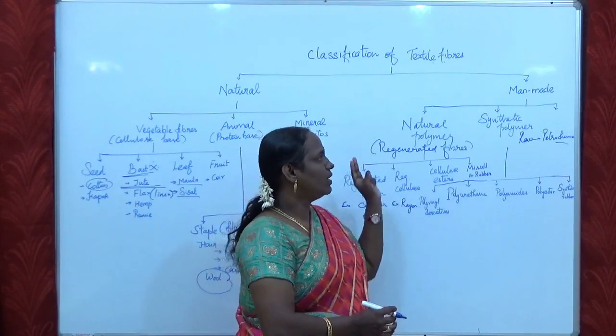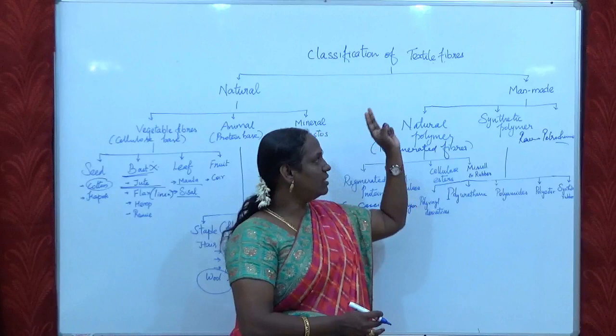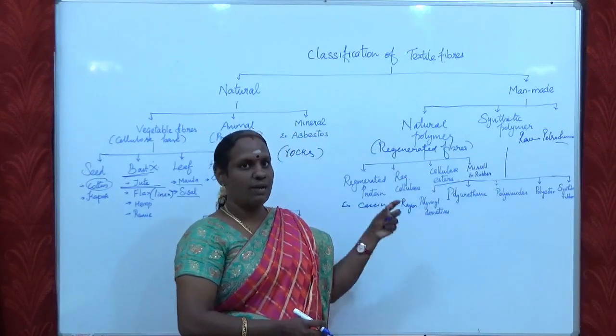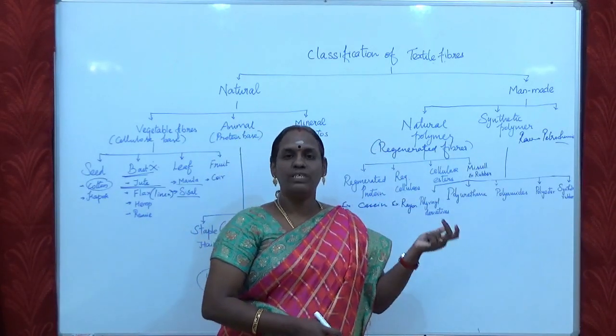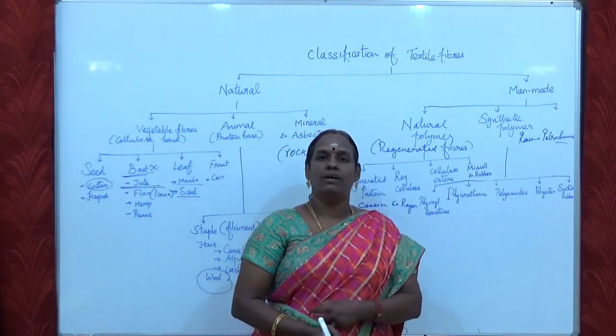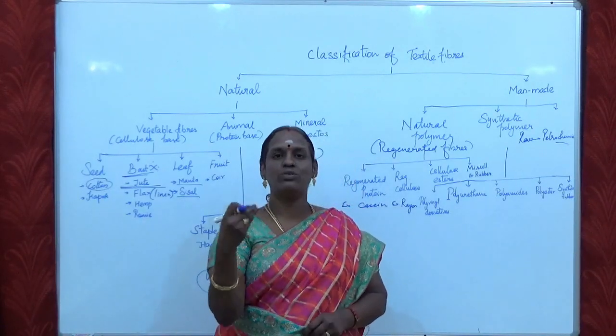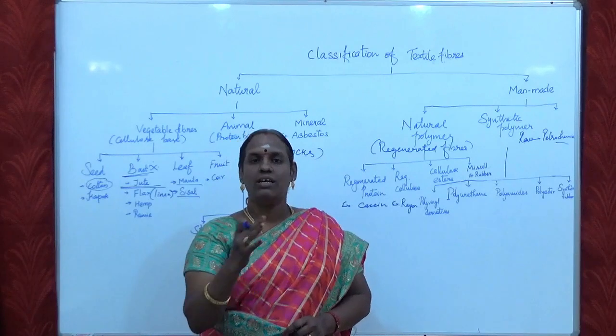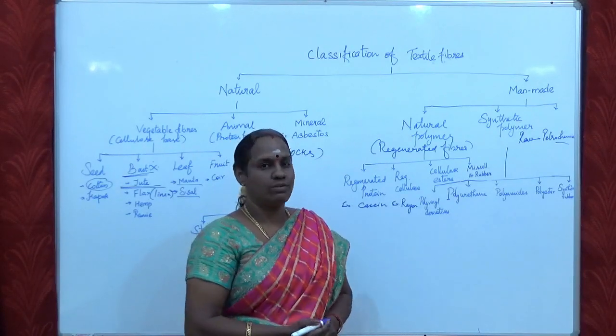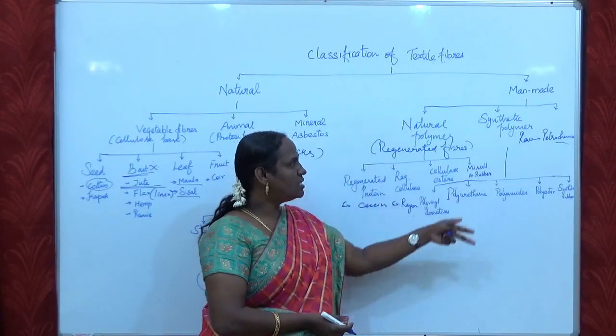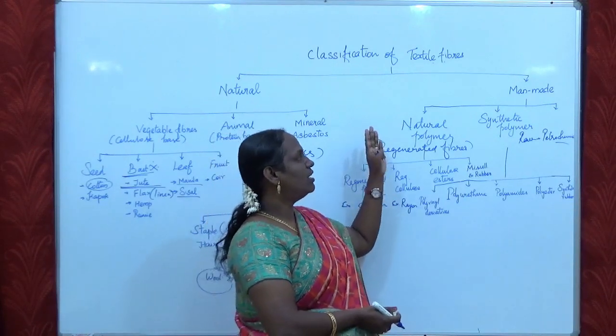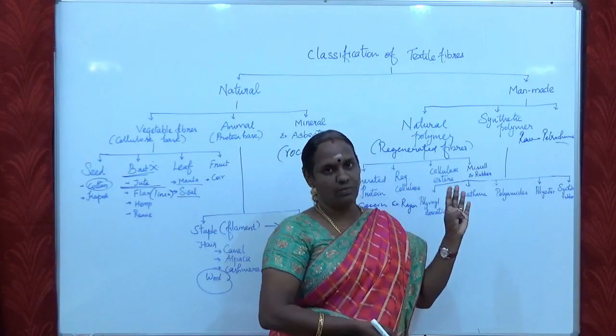Okay. So again I repeat, man-made fibers means the fibers which are manufactured using chemicals and also some natural products using some mechanical process, right? So in this process the fibers are natural polymer fibers and synthetic polymer fibers.